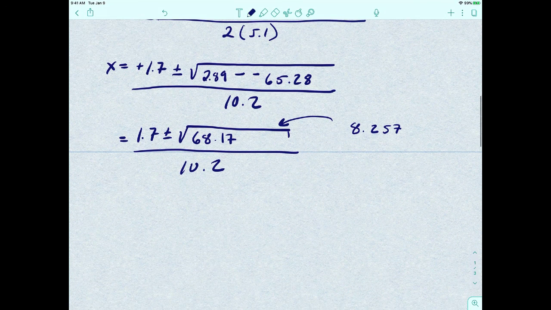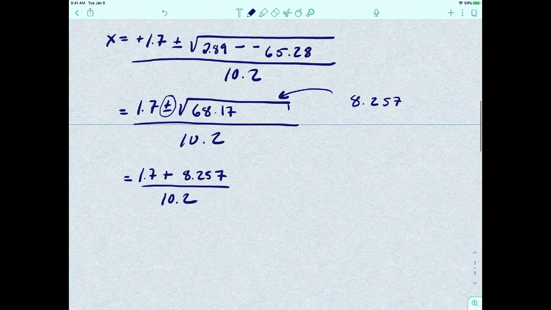All right, so now, remember we have this plus or minus sign, so we're going to have two different answers. Let's start writing two expressions. One expression is going to be 1.7 plus what was inside the radical, 8.257, divided by 10.2. And the other expression is going to be 1.7 minus 8.257 divided by 10.2.